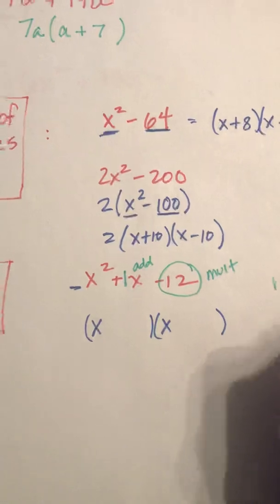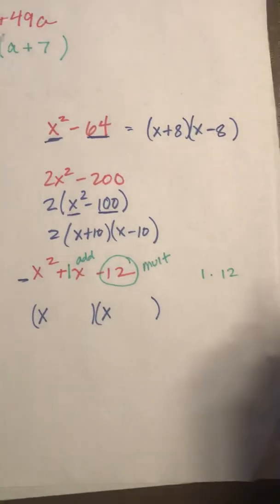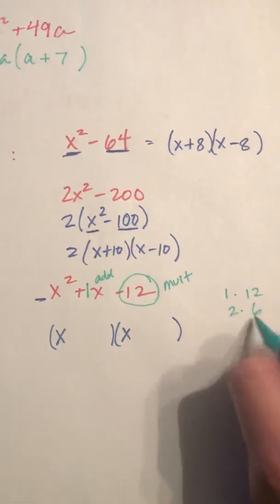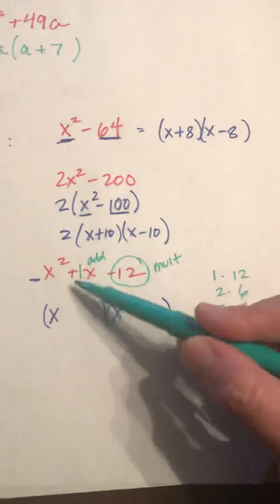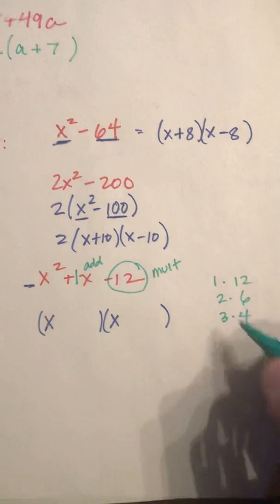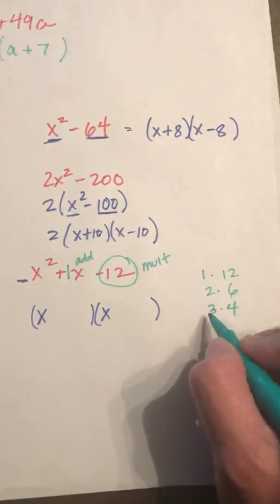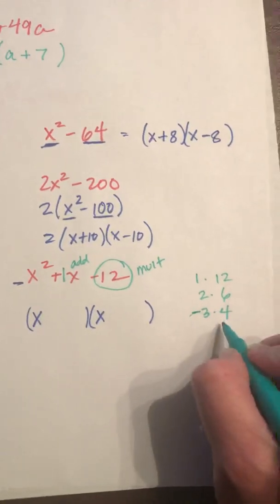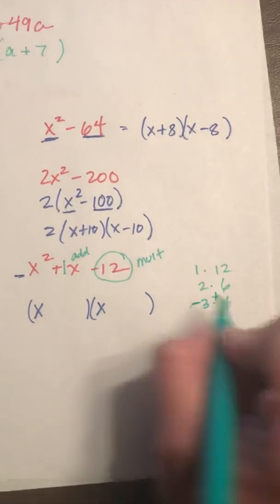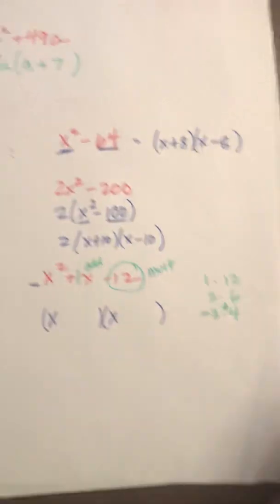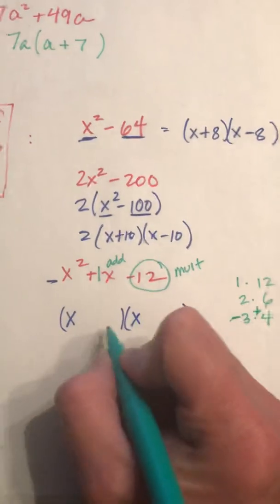We've got 1 and 12, with one of them negative, and then we've got 2 and 6, and 3 and 4. So in this case, in order for me to get 1 as a middle term, if I make the 3 negative and the 4 positive, negative 3 and positive 4 multiply to negative 12, but add to positive 1.